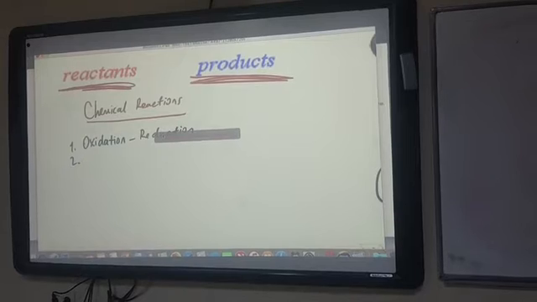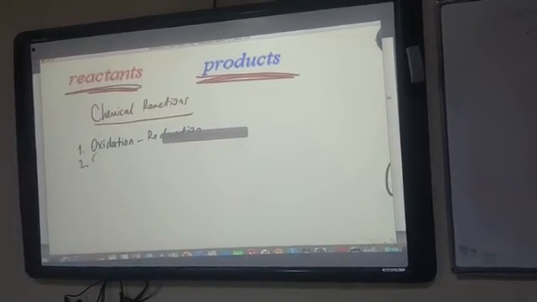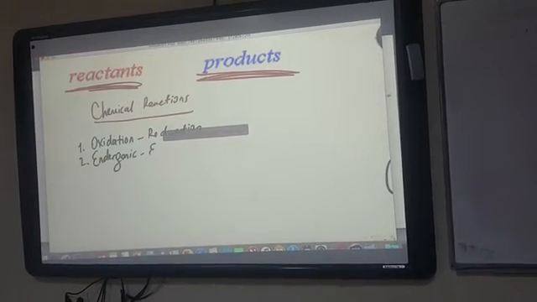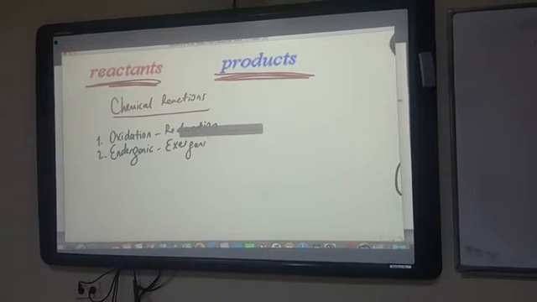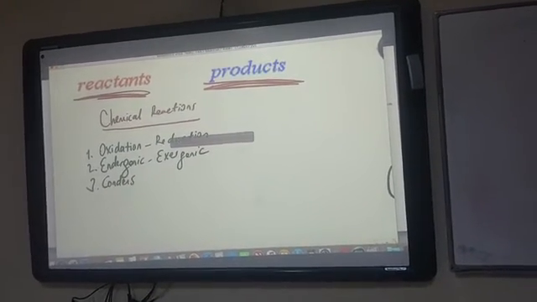Second one, condensation. And the last one, hydrolysis.